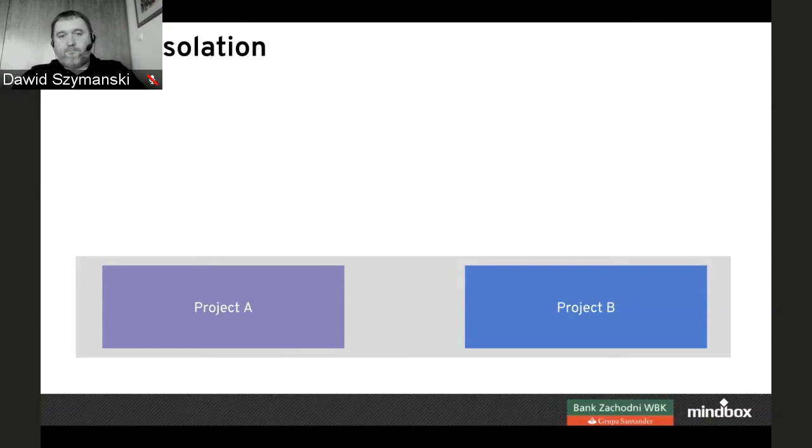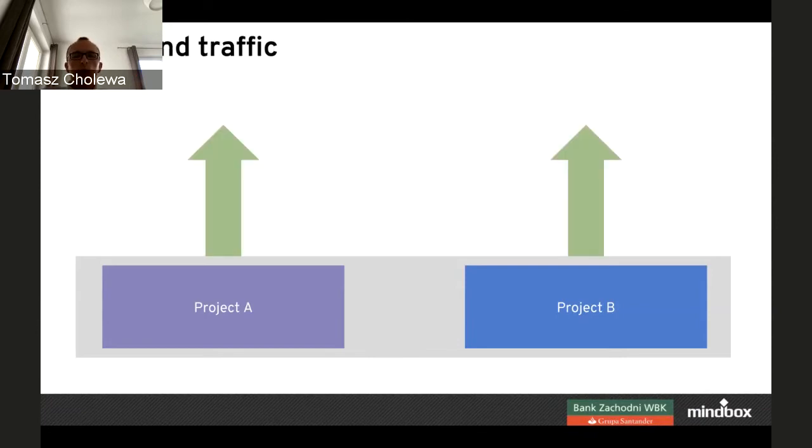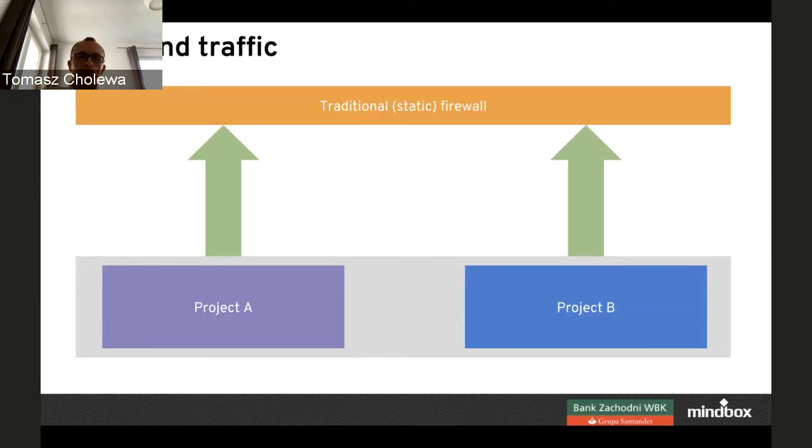Yeah. So basically, if you're not a startup, if you don't have a single project and have many projects or even many clusters like BZWBK have, you want to be able to separate, to filter your traffic, especially outbound traffic, and that's a part you need to be aware of: you can control outgoing traffic using egress network policy, for example, in OpenShift.